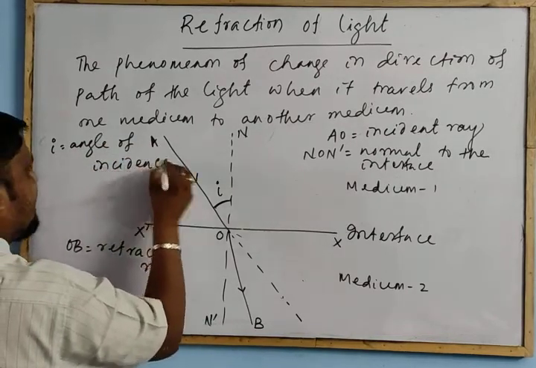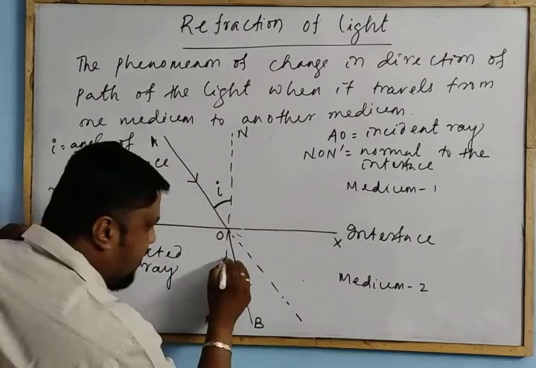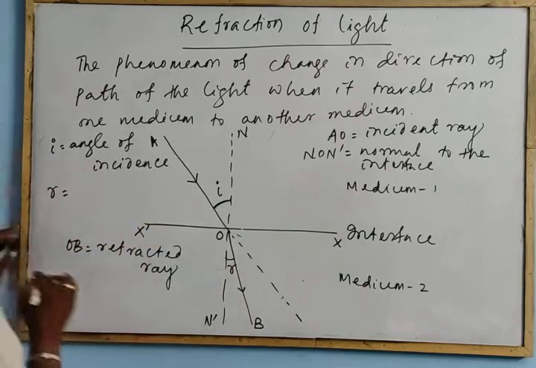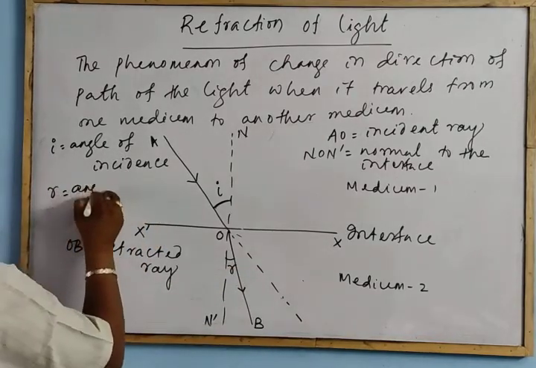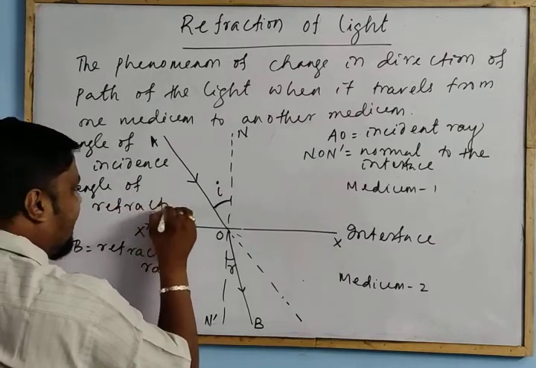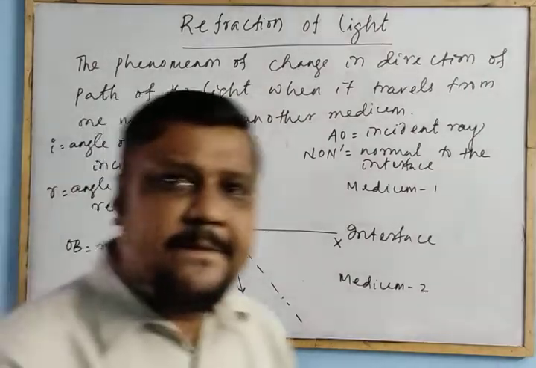The angle between the normal and the refracted ray is R, the angle of refraction. Clear?